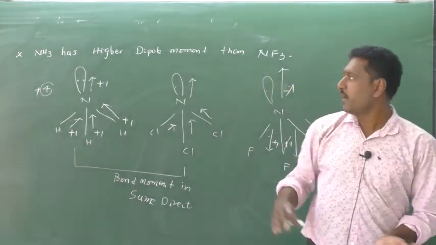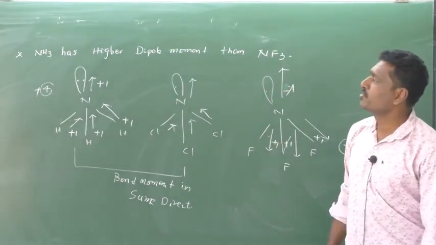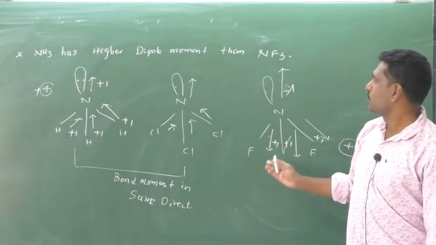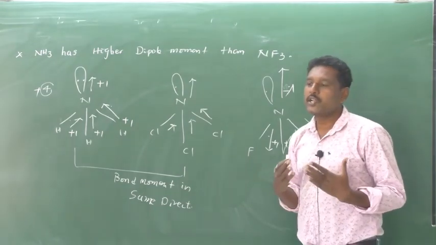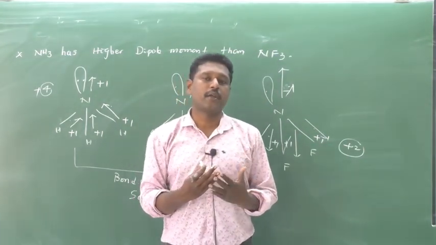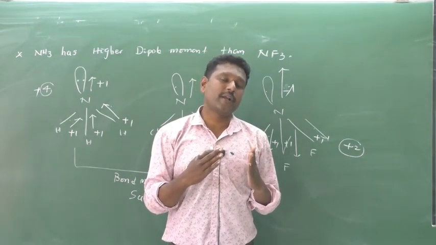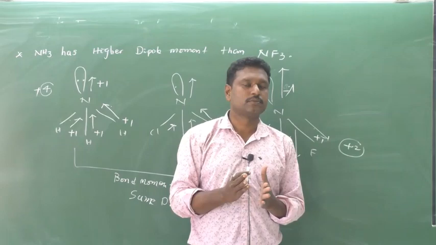That means it has less bond moment than NH3. So NH3 and NCl3, because dipole moment is actually a vector quantity. Bond moment, being a vector quantity, means it is the sum of all the vectors.